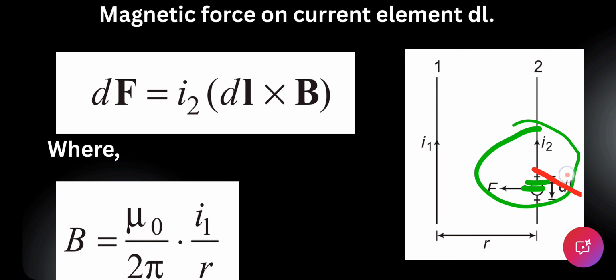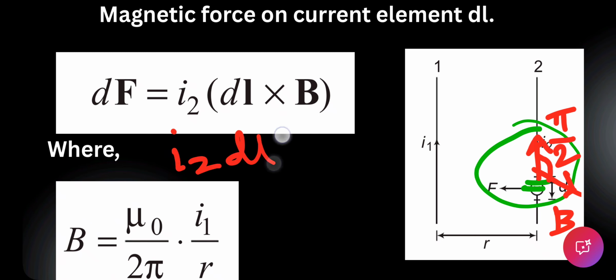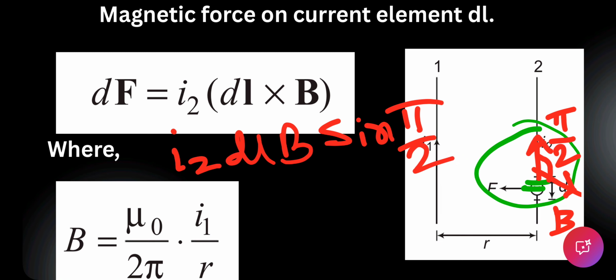This is the direction of the magnetic field B, right? So I2 dl is in this direction and B is here, and the angle between dl and B is pi by 2. So I2 dl cross B simply is I2 dl B sin pi by 2, right? So we substitute this value.